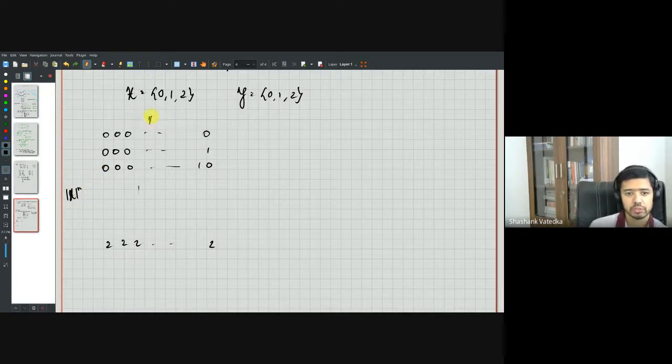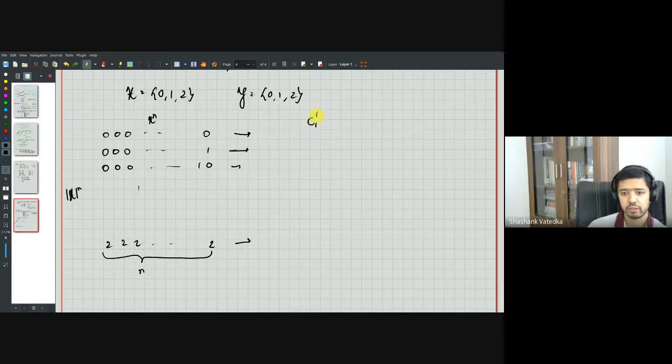So these are all possible xn's. Right? So corresponding to each xn, we have to identify a particular code word. So this has length n. These are all possible messages, or in other words, all possible input files. And these are all possible compressed files.